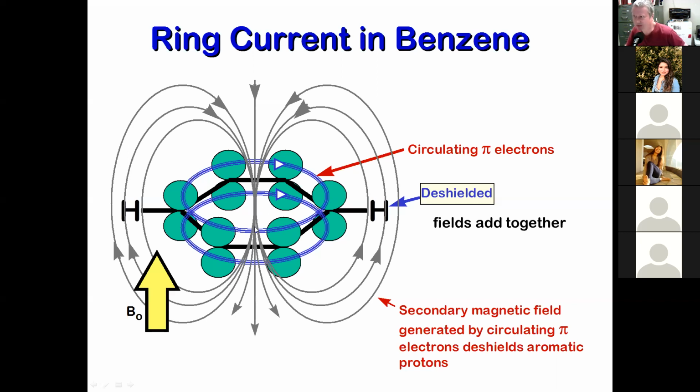But what happens is this circulating motion continues around from the middle and comes around. And now the protons on the outside experience not a shielding effect, but what's the opposite of shielding? De-shielding. That's exactly right. Imagine protons in the middle.